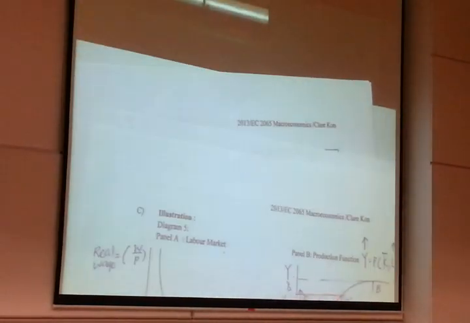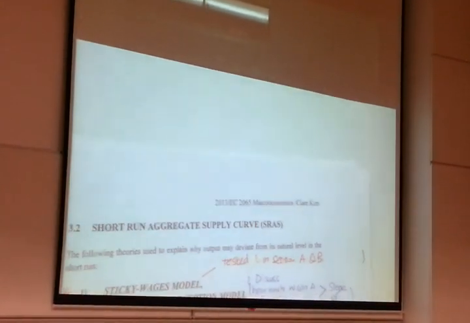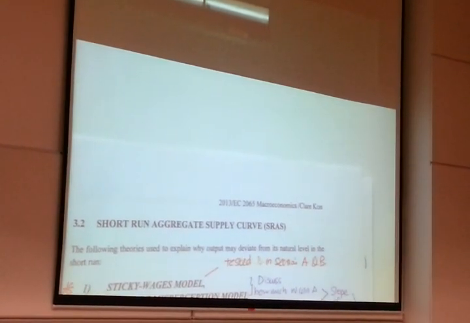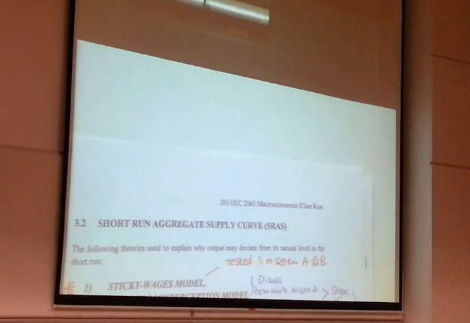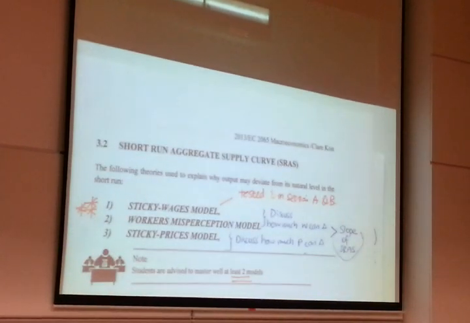Okay, let's go a bit back to page 19. So we finished the discussion of the AS curve, which you could see in page 19.